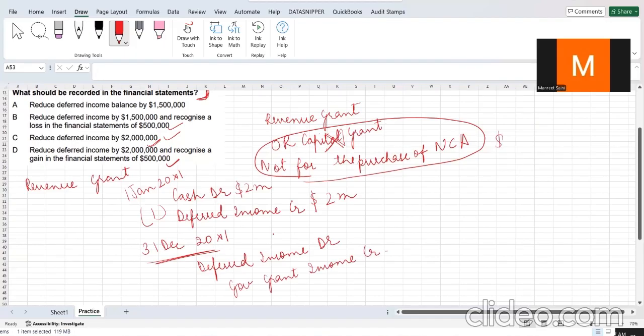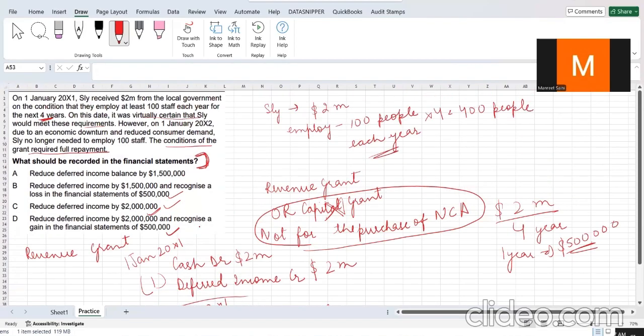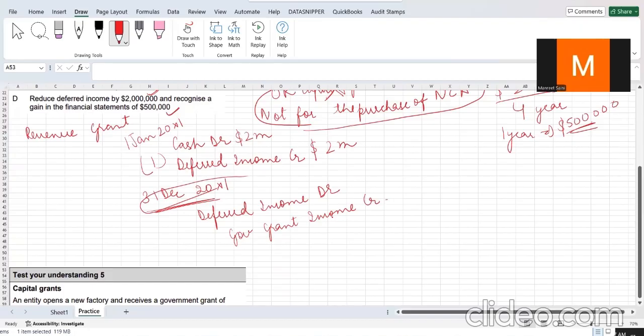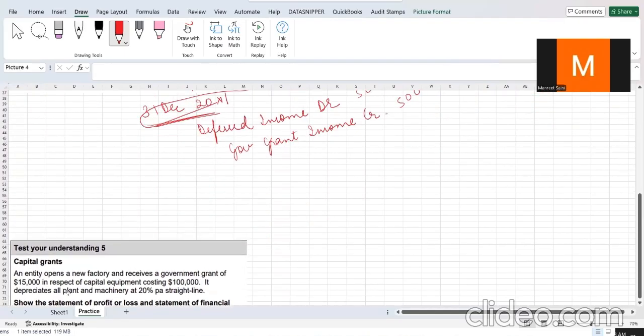So, 2 million is for 4 years, right? So, for 1 year, it should be 500,000, right? So at December 31st, because they have completed 1 year and they were virtually certain in 2000 X1 that they would meet the requirements, they would have recorded 500,000 and 500,000, right?